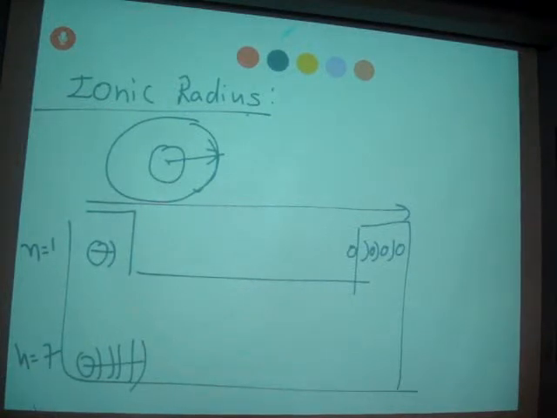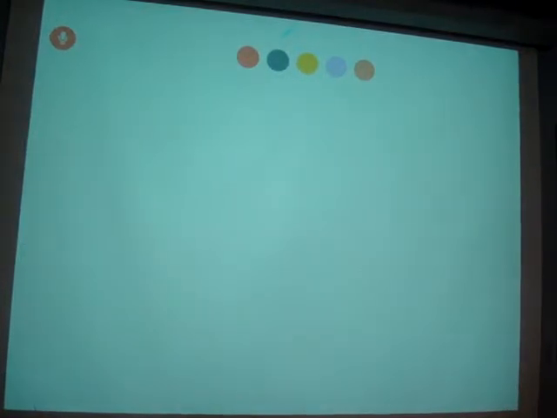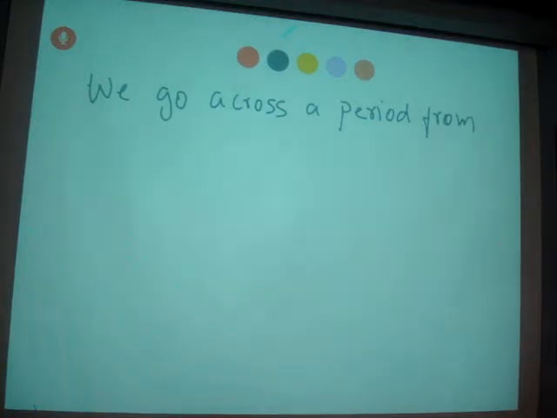So I'm going to explain this one on the next slide. As we go across a period from left to right, the atomic radius decreases.